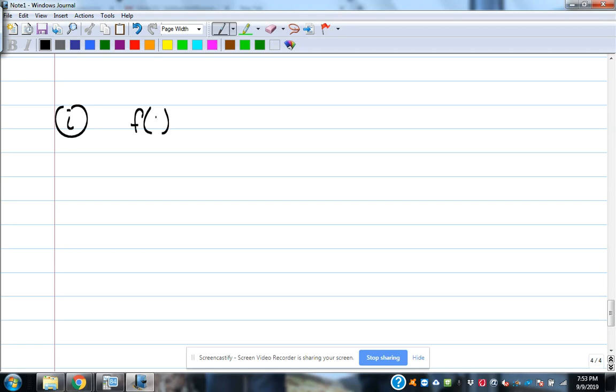F of x is equal to 6 over 2x plus 7. And we're going to find the domain of that. Heck, let's put plus 5 out here on that outside. See if it makes it look harder.